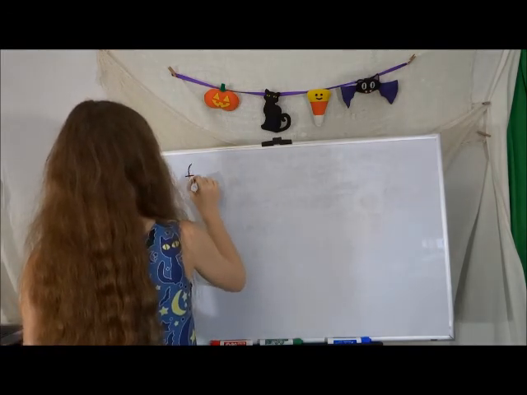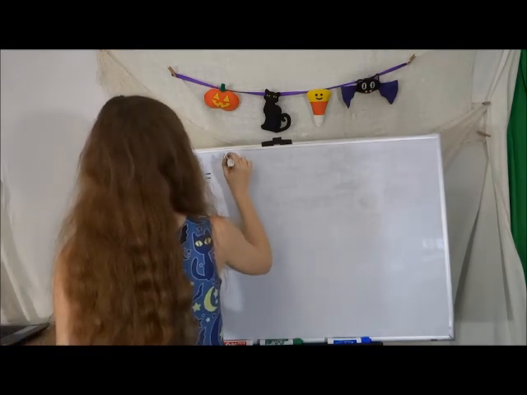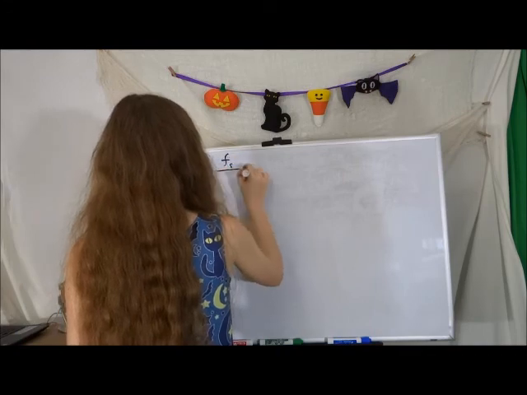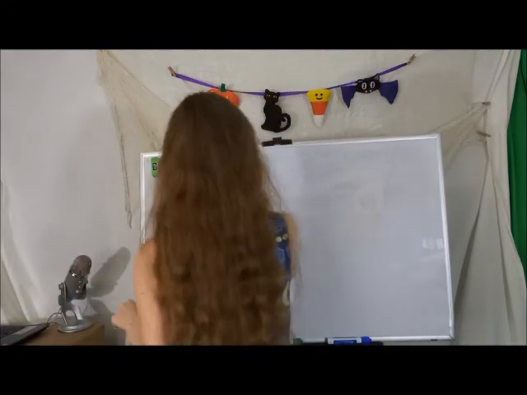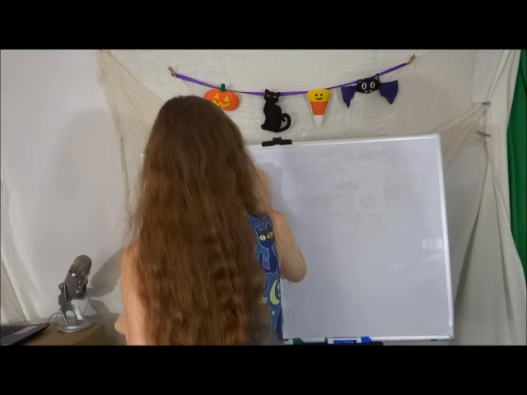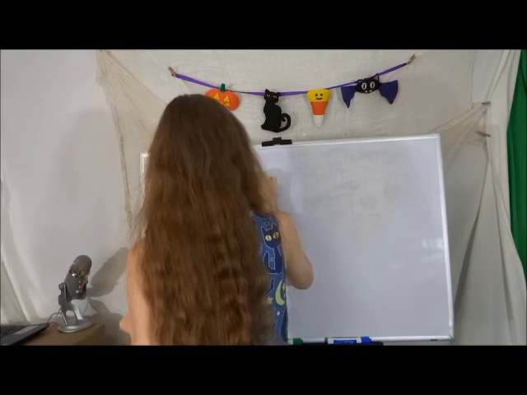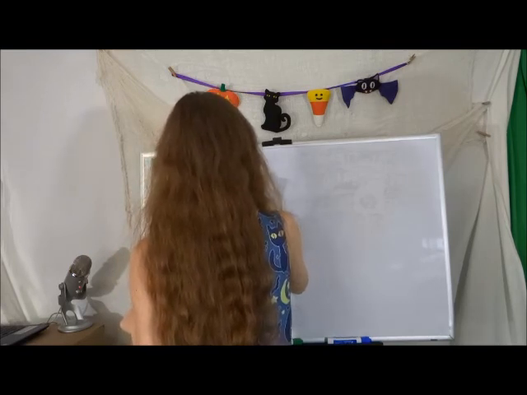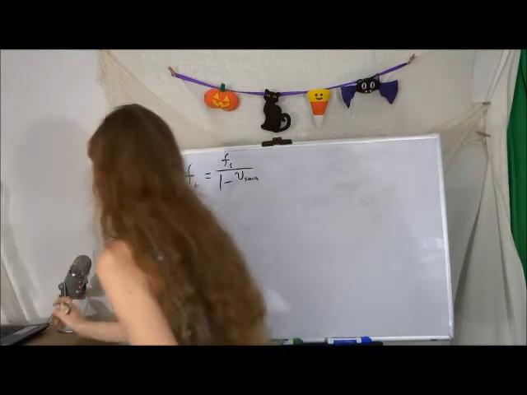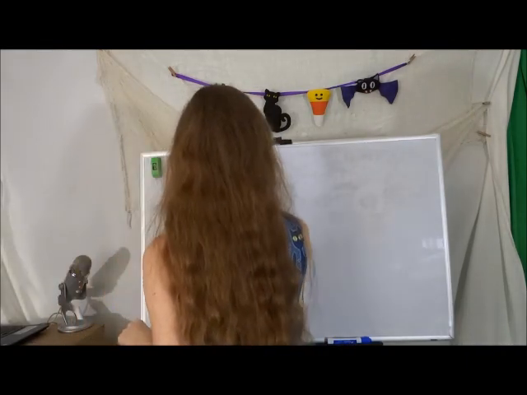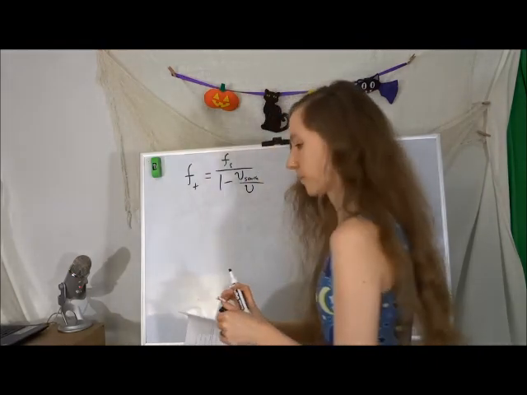So we know that our frequency when we're approaching is our stationary frequency times 1 minus speed of the source, which in our case is either going to be the bat or the vampire, divided by the wave speed.